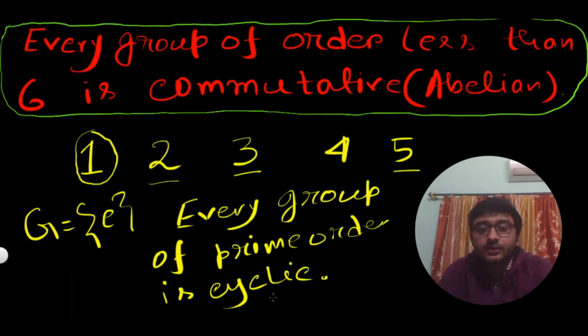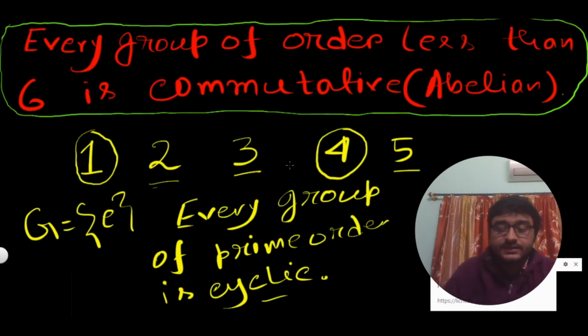That means if a group is cyclic, it is also abelian. So if the order of the group is 2, 3 or 5, the group will be cyclic and hence it will be abelian. So we are left with only one case. If the order of the group is 4, then we need to show that the group is abelian.